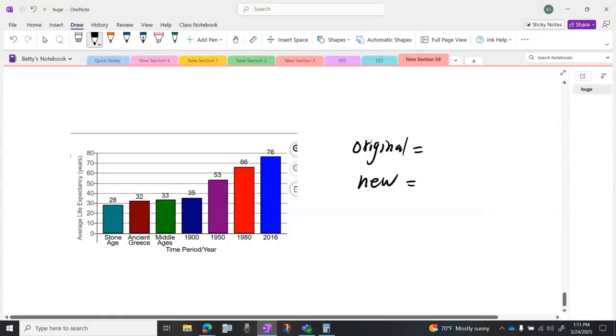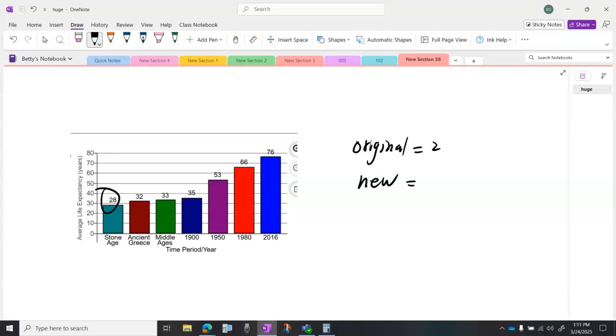We consider the life expectancy of the people living in that region. Original is the life expectancy in the Stone Age, which is 28, the number on top of the first bar. And the new is the number on top of the last bar, which is 76. Please write this down.